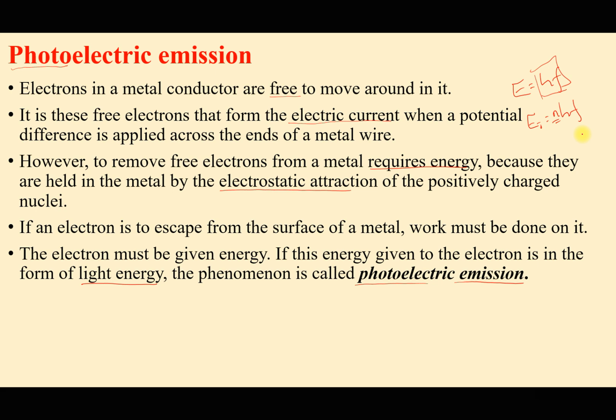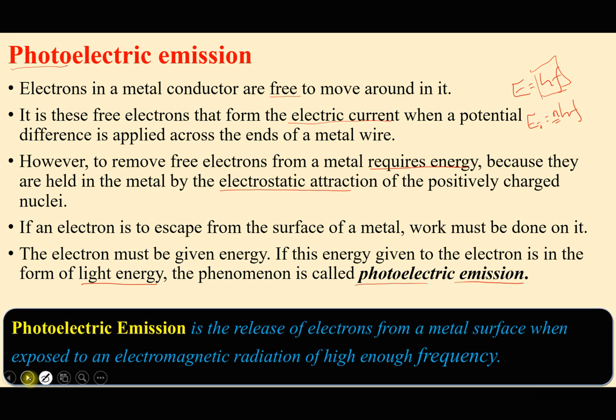So this process is called photoelectric emission, and therefore we should define photoelectric emission as the release of electrons from a metal surface when exposed to an electromagnetic radiation, which is now light, of high enough frequency. The term high enough frequency is very important because not all light will cause electrons to be released from the metal surface.